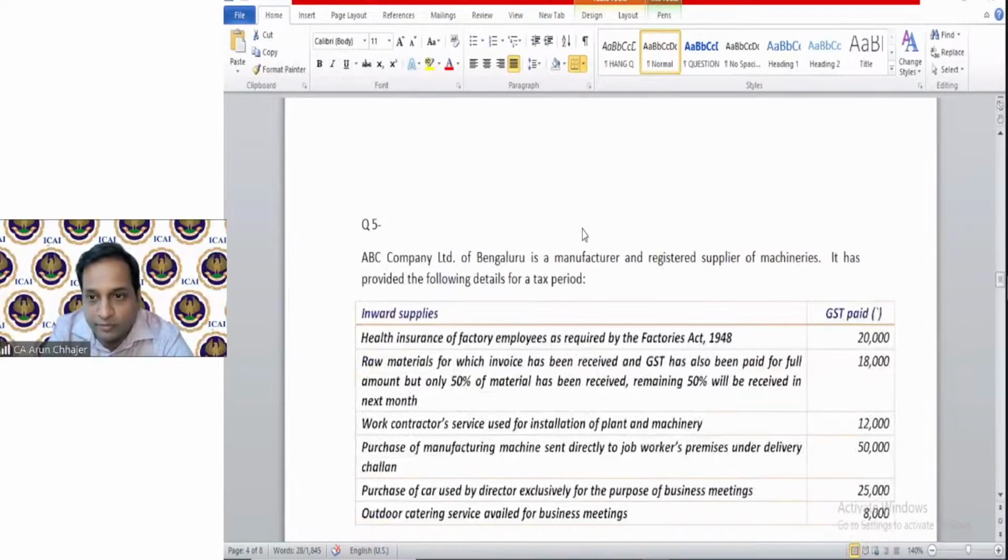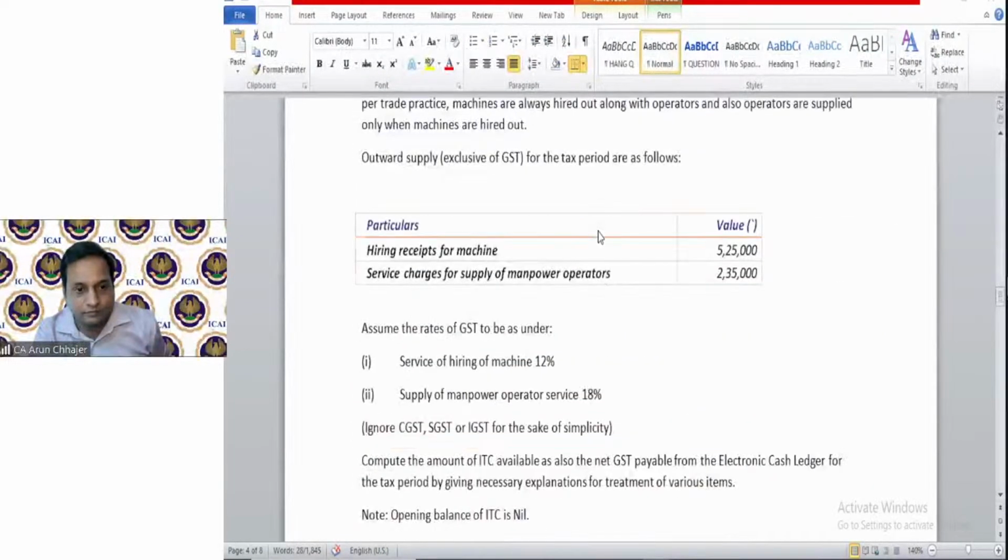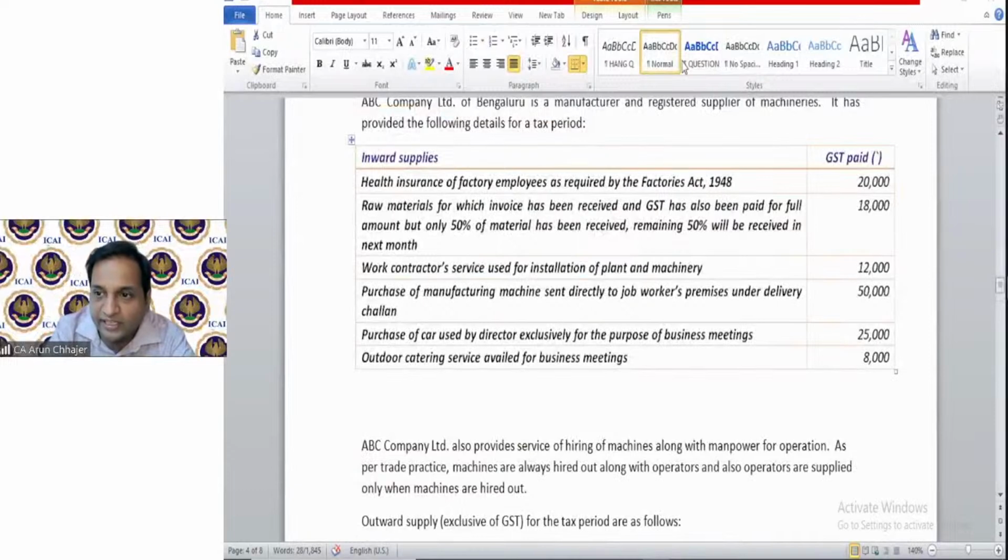Now let's read the question. All are very small questions. ABC Company Limited of Bangalore is a manufacturer and registered supplier of machinery. It has provided the following detail for a tax period. Health insurance of the factory employees as required by the Factories Act. Let's complete the question, because it's a slightly long question.